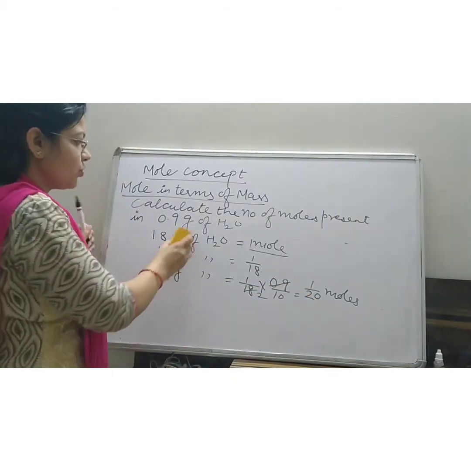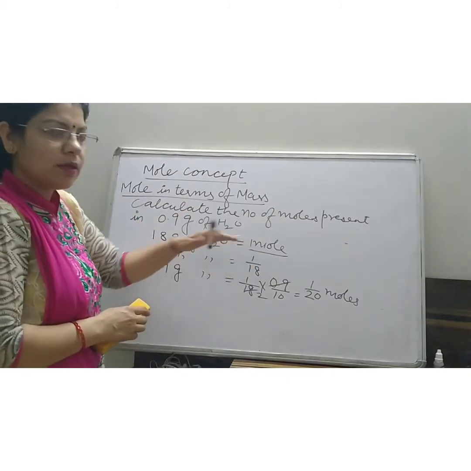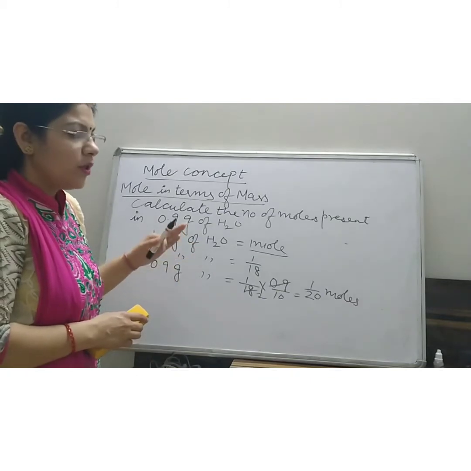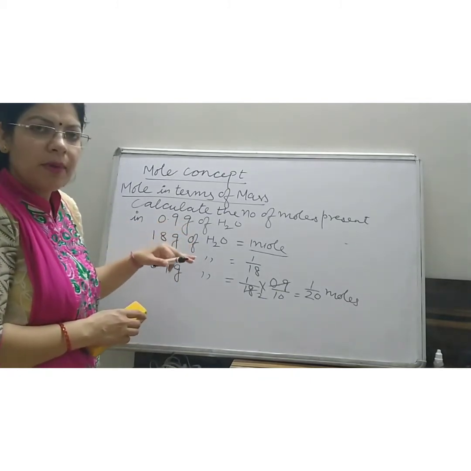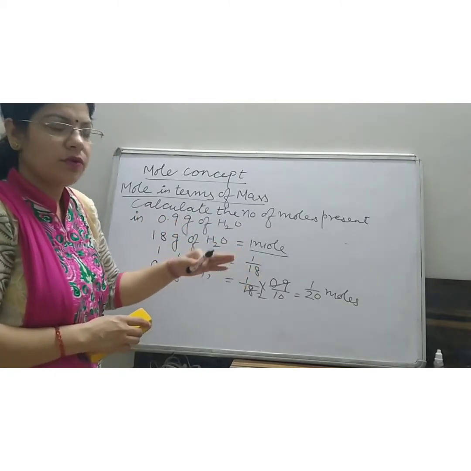Now see the next question related to this. In the previous question we calculated the number of moles. Similarly, we can also calculate the mass of the compound or the mass of the substance if moles are given to us.